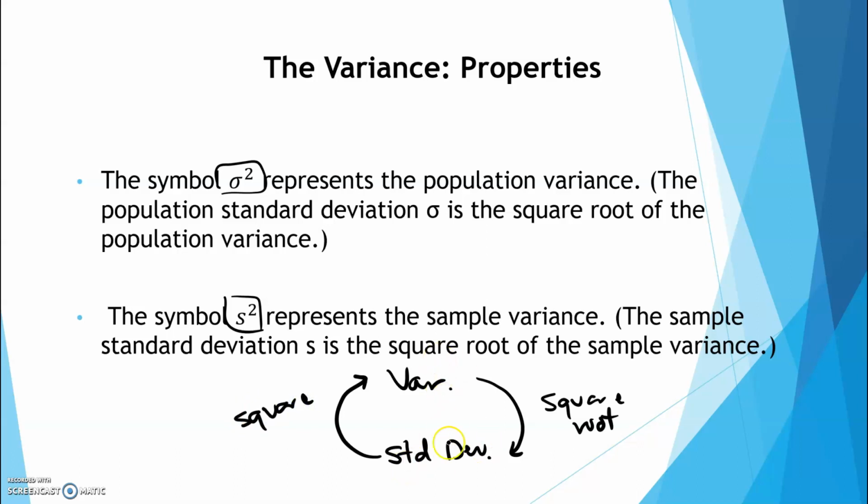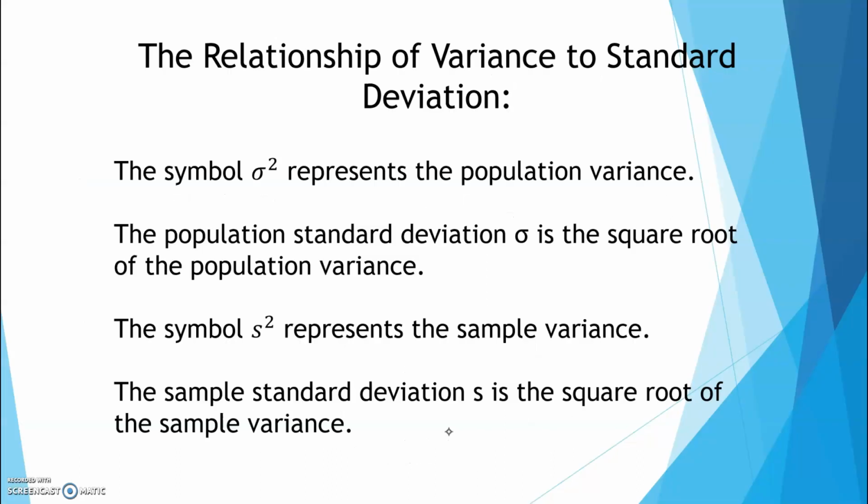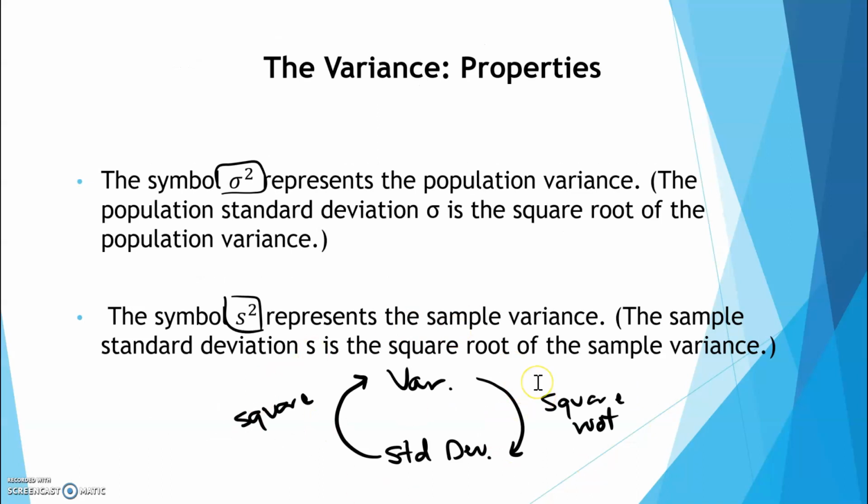So I can go back and forth between variance and standard deviation all day long. They're connected to each other. Like we said, sigma squared is the population variance, and s squared is the sample variance. And the sample standard deviation, s, is the square root of the sample variance. You can go back and forth.